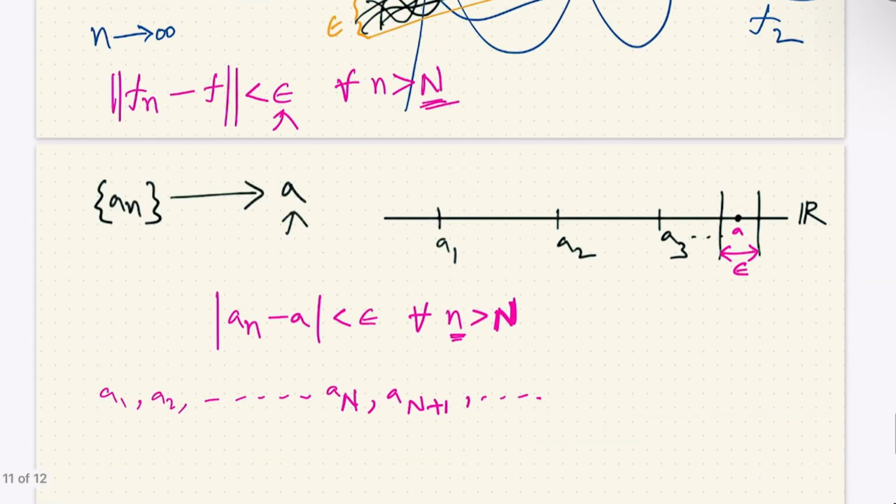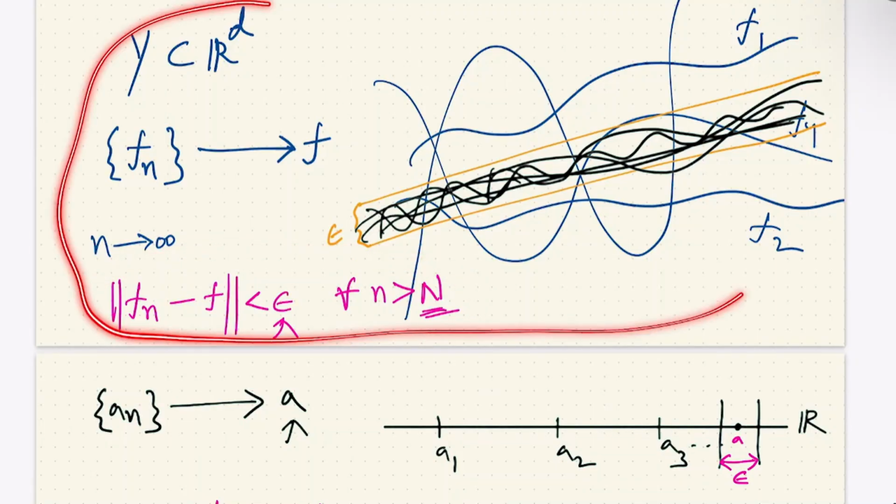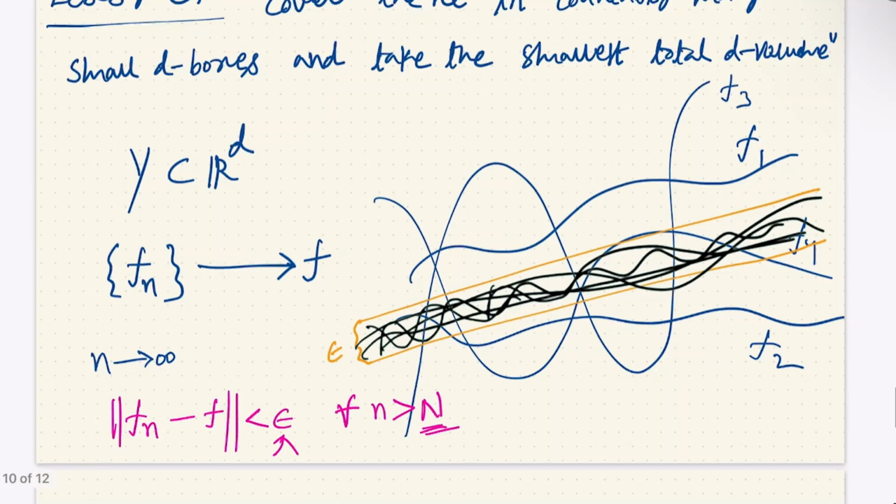I'll write up a set from the context of this one, the sequence of functions, whatever I just described in this definition. And of course, here is one very crucial point.